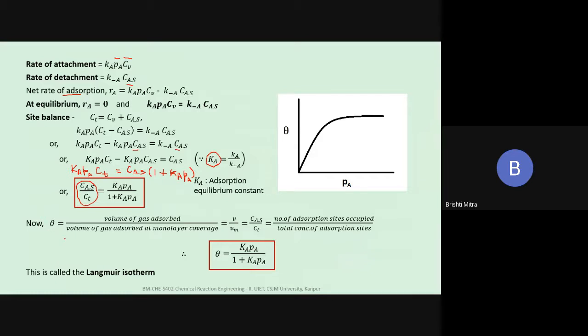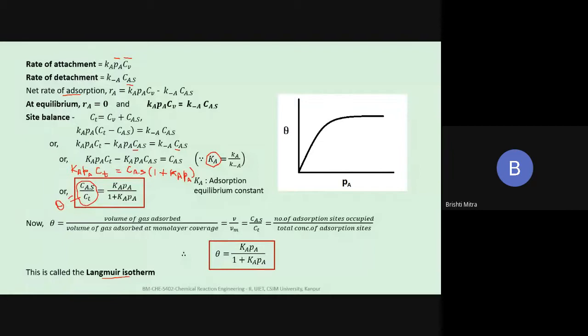This is essentially given by a ratio of the volume of gas adsorbed to the volume of gas adsorbed at monolayer coverage, which is also equal to the number of adsorption sites occupied divided by the total concentration of the adsorption sites. So this CAS by CT is nothing but your surface coverage theta. So your surface coverage theta can be written as KaPa divided by 1 plus KaPa. This is known as the Langmuir isotherm.